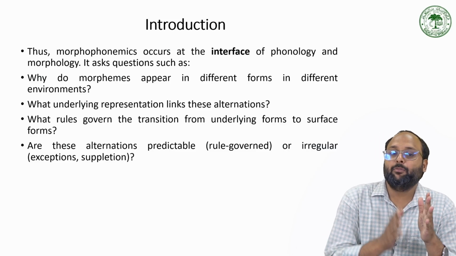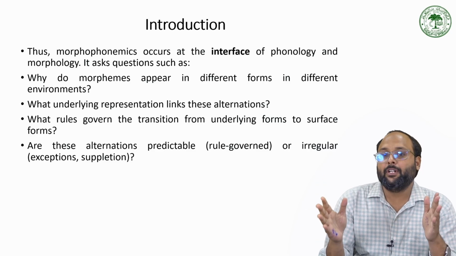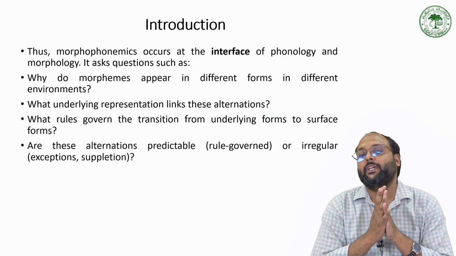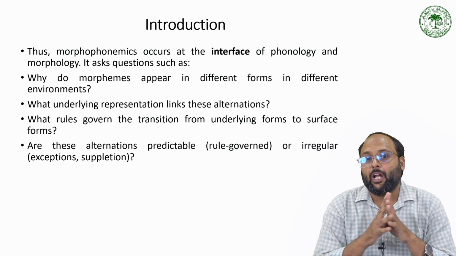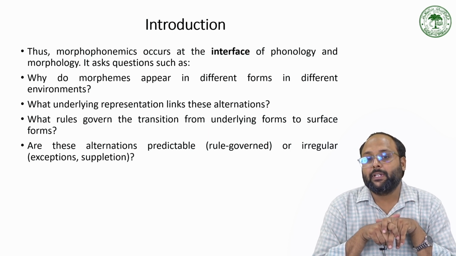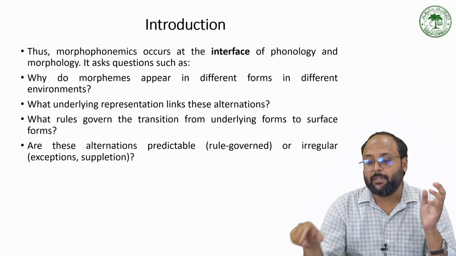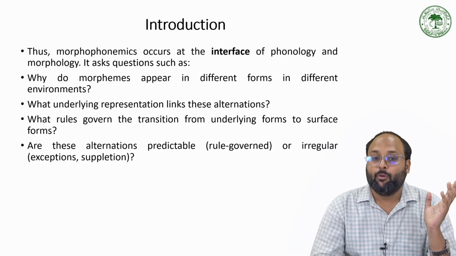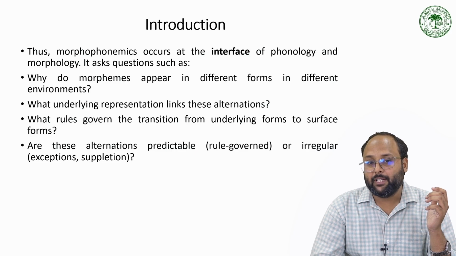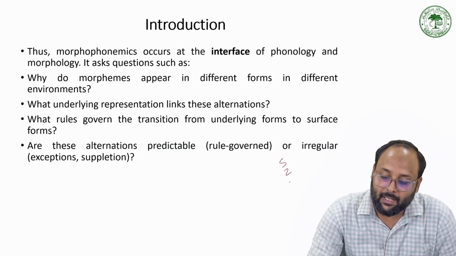So why does the morpheme have different representations? Because it occurs along with different phonemes. So why does the underlying representation link these alternations? Underlying representation means the one morpheme we have in our mind, like sa, za, is.